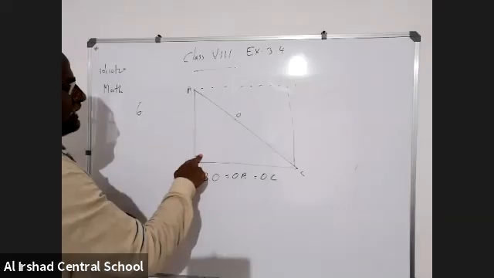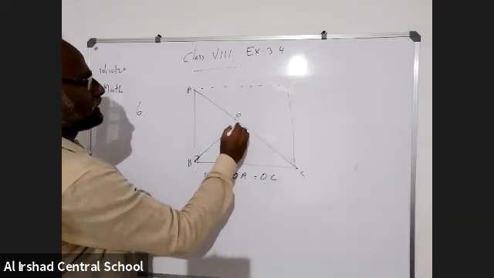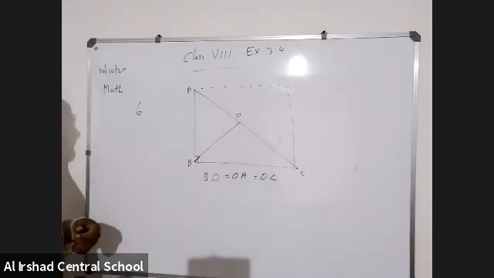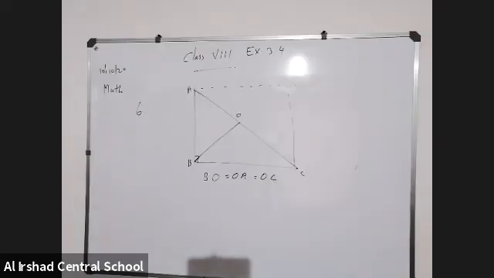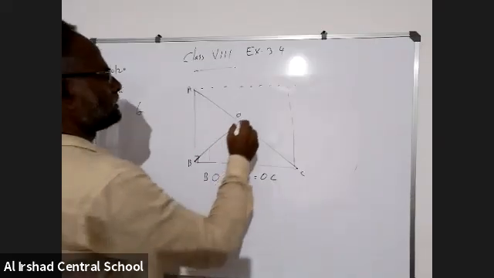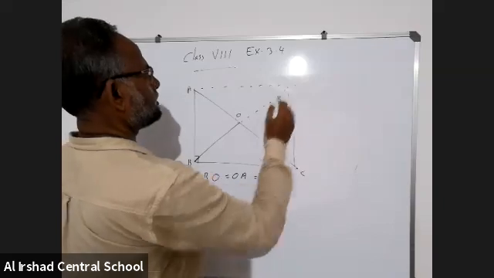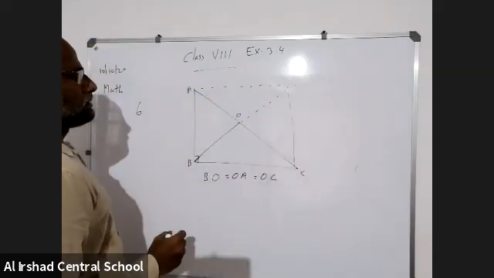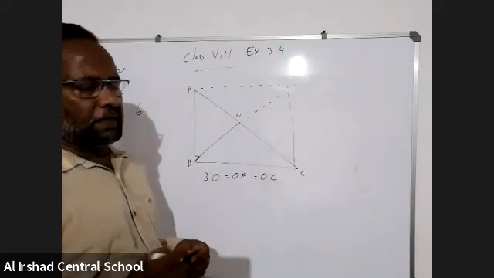Now we studied diagonal properties. What do you have to prove? Suppose this is one diagonal and this is another diagonal. Now we are getting a rectangle.